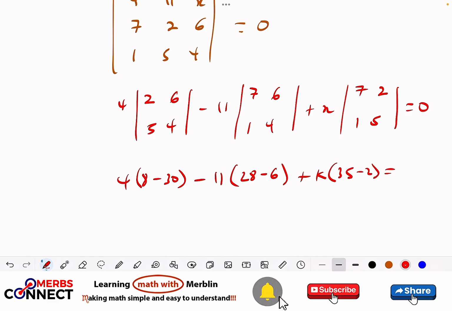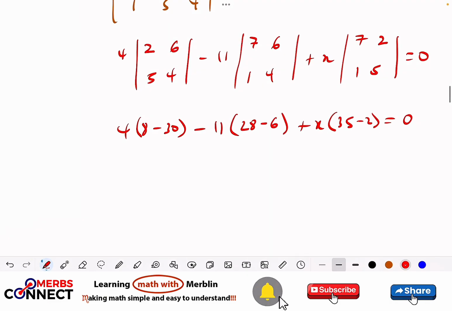It's equal to 0. So we are going to have 4 times minus 22, minus 11 times 22, then plus X times 33 is equal to 0.